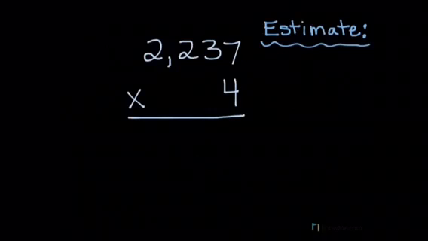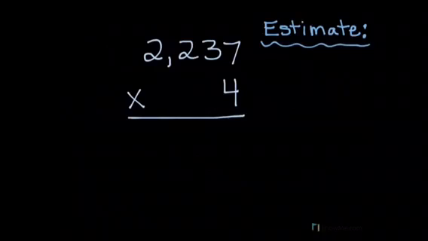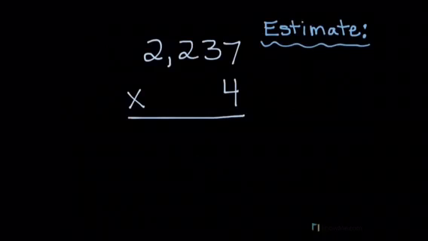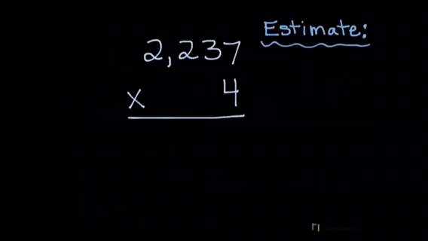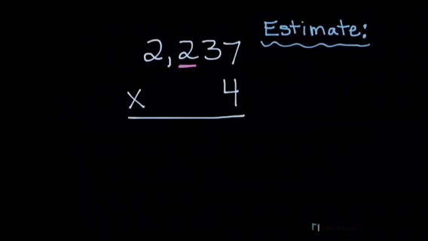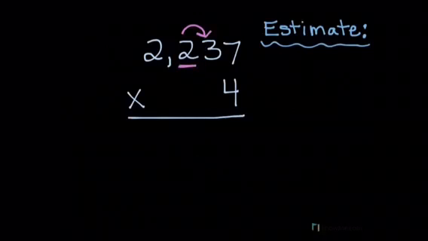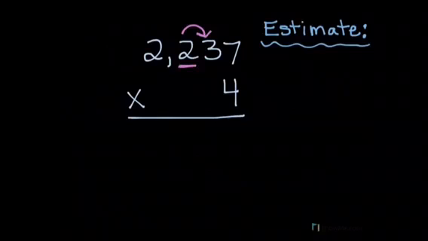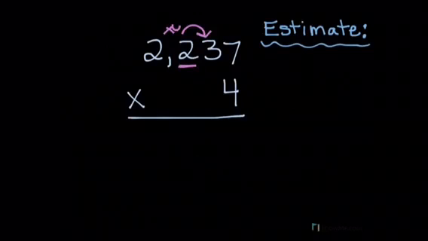And you're going to see your estimate is much closer to the actual answer. So I'm rounding to the hundreds. I'm going to underline that place value and draw my arrow to the right. It's a 3. So 5 or less, I add 0.